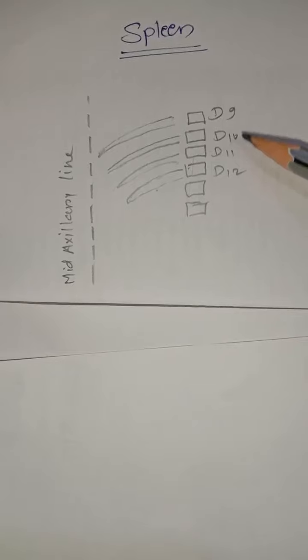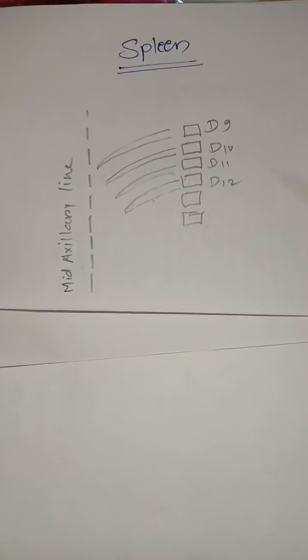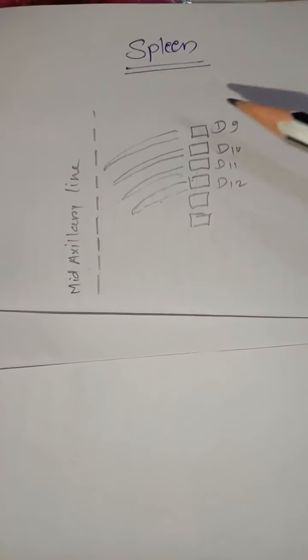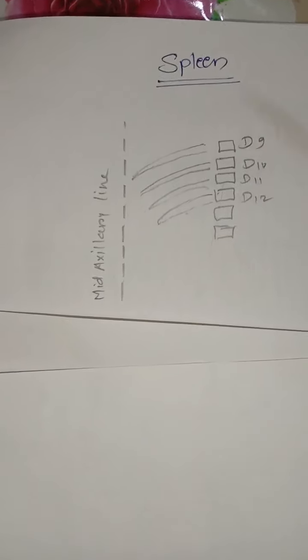Then let's see the surface anatomy of the spleen. To draw the spleen, you should see the vertebrae that should be drawn on the posterior side and on the left side of the thorax. Okay?